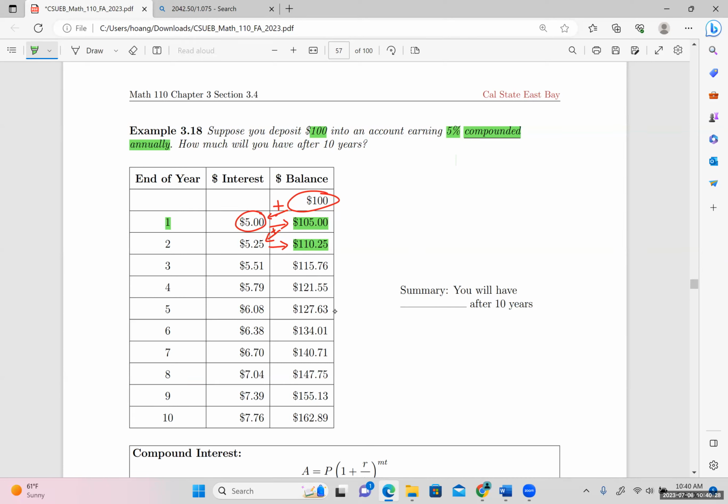We keep doing it the compound way, and we end up with 162.89 after 10 years.